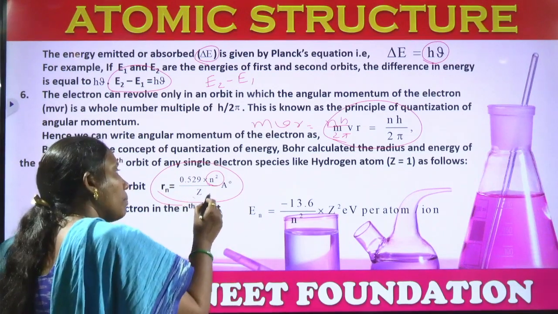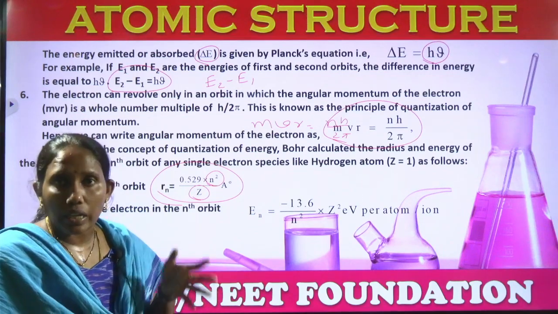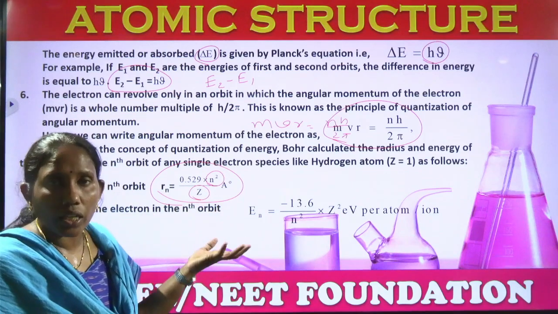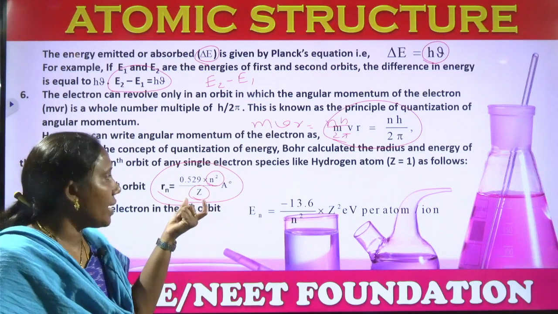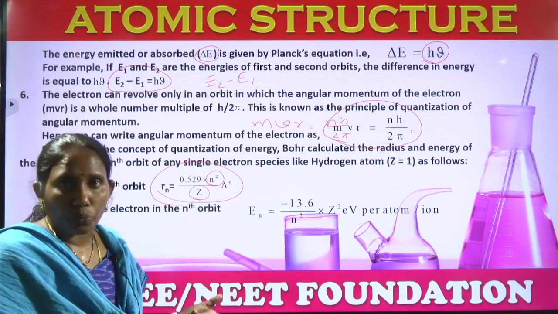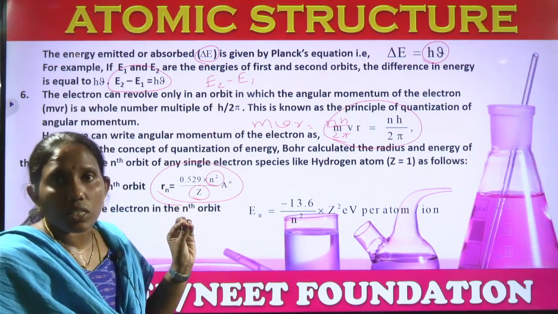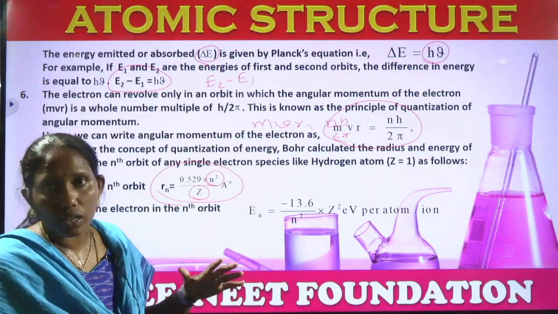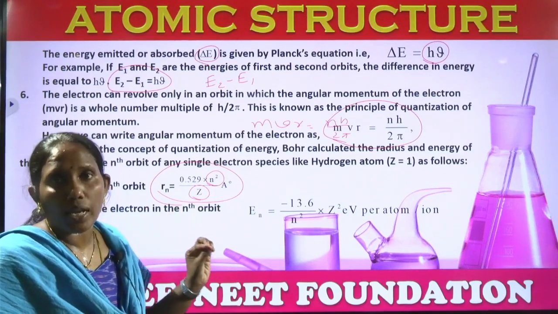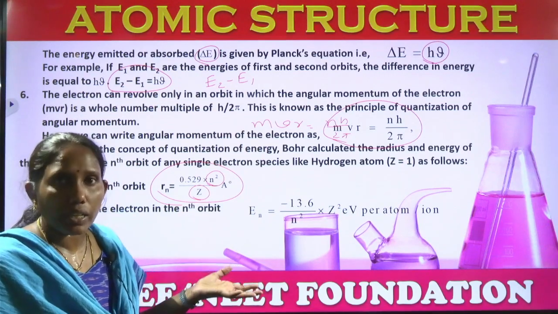And Z is nothing but the atomic number of the atom for which you want to calculate the radius. For hydrogen, Z value is 1. For helium, Z value will be 2. But these are applicable for single electron species only, not for multi electron species. Bohr explained all his formulas based on single electron species, not multi electron ones.